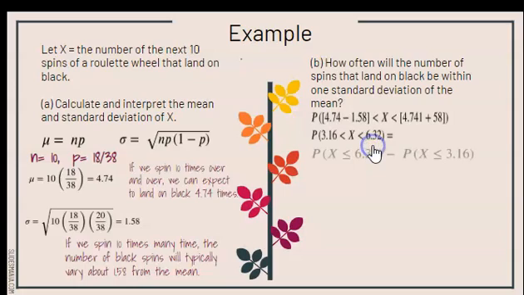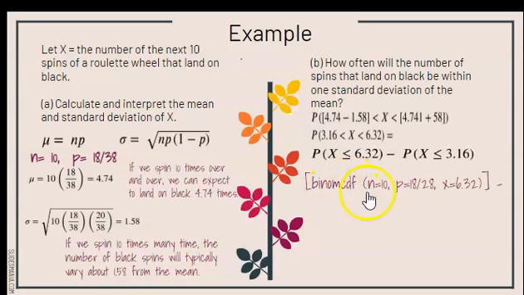That's okay. Now, I need to find the probability that x is less than or equal to 6.32, because this probability is going to be higher than this probability. That's why I put it first, simply because it's a bigger number. So I find this probability, then I find this probability, and I subtract it, and that will tell me the answer to the question being asked.